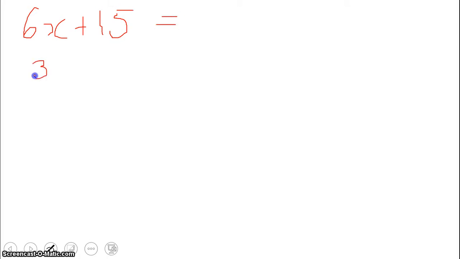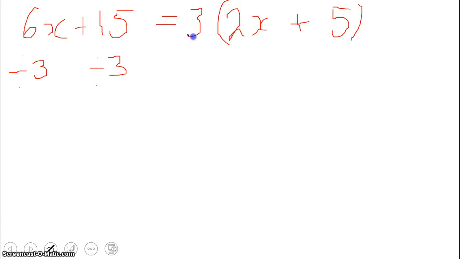We can divide 6x by 3, and we can divide 15 by 3. So 6x divided by 3, 6 divided by 3 is 2. We've still got our x, and 15 divided by 3 gives us 5. Now our common factor is what goes out the front of our brackets. So our common factor in this one was 3, so we end up with 3 lots of 2x plus 5.